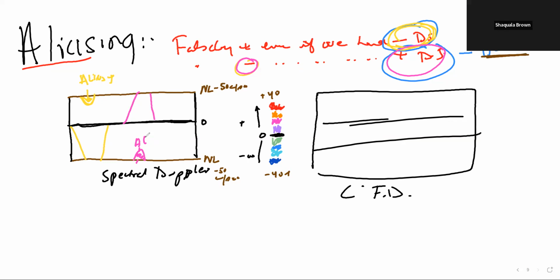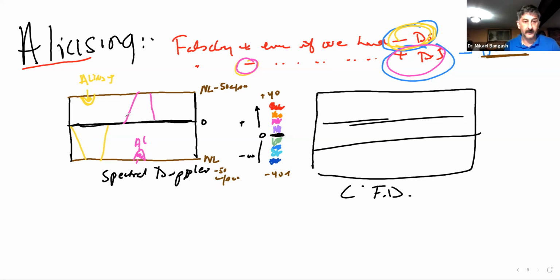Yes. Good. Clear? So where do we see that the aliasing is going to be located on the spectral Doppler? We had a negative Doppler shift, where the positive Doppler shift, which was the aliasing, was going to be shown by the Nyquist limit on the positive side.